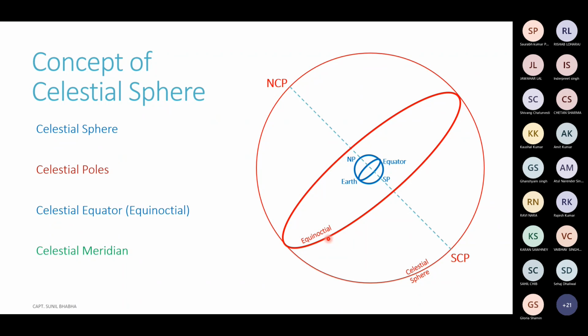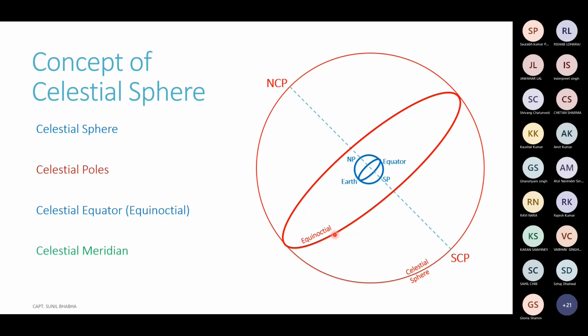This is also very similar to what we do on Earth. On Earth, we represent a position using its latitude and longitude. Now, latitude is referenced to the equator. The latitude of a place basically tells us how much north or how much south of the equator a particular position is. Exactly in the same way we use the equinoctial.